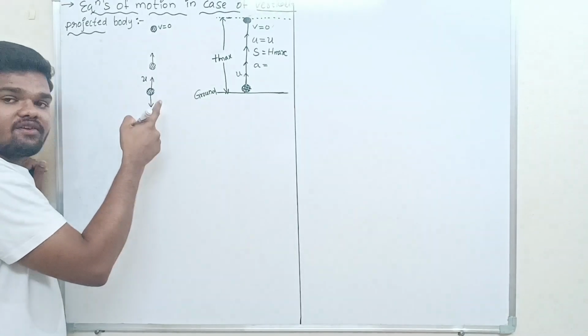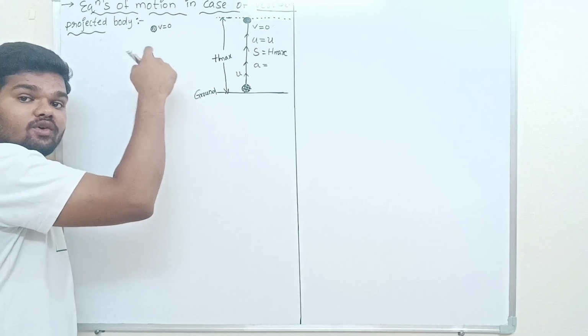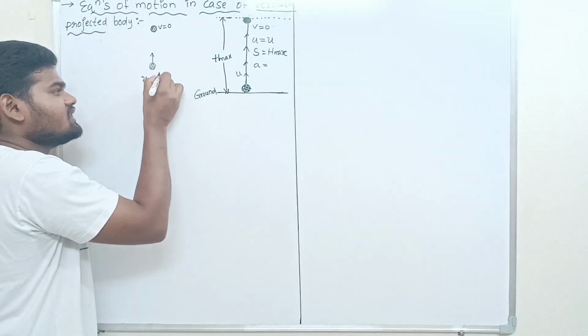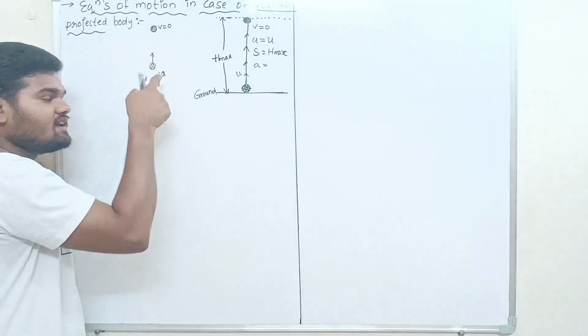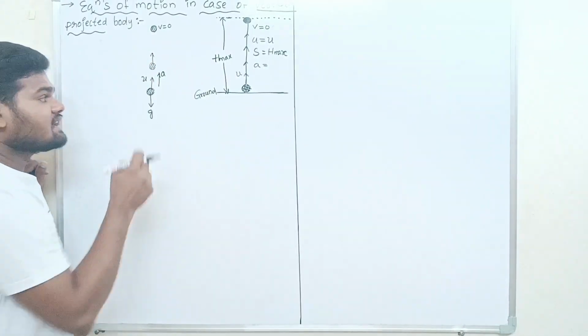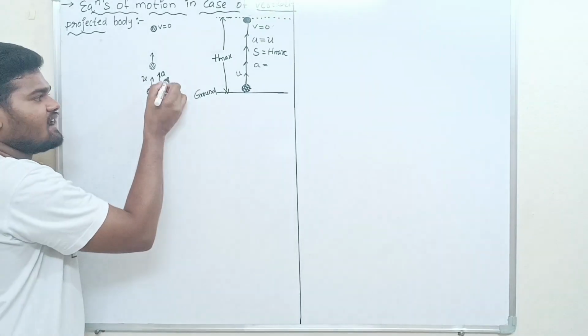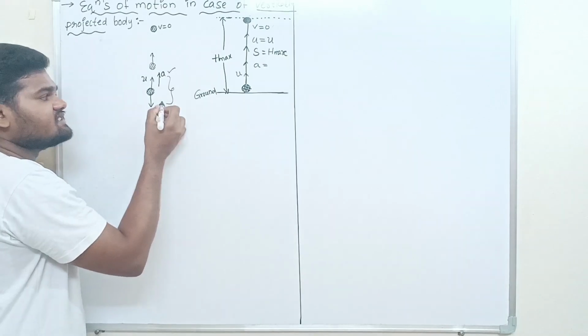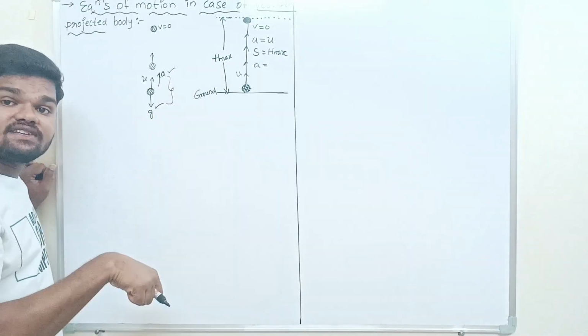The object is moving upward, but on every object the acceleration due to gravity acts downward. So the acceleration due to gravity is in the opposite direction to the motion.